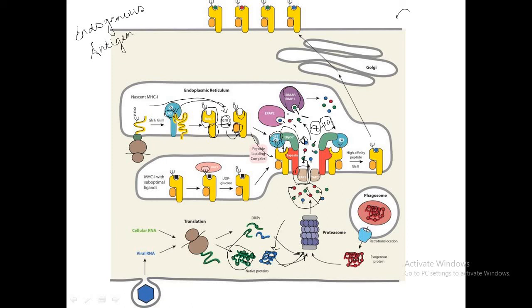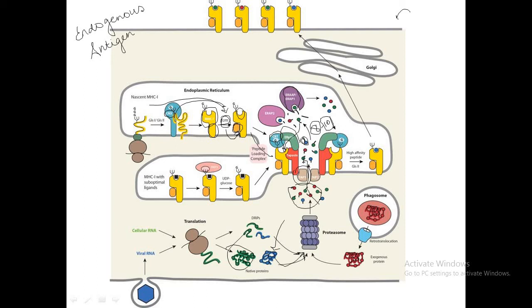When this MHC1 molecule interacts with this protein loading complex that comprises TAP1, tapasin and ERP57, it undergoes a conformational change, and that conformational change makes it more stable and attains a configuration that has a higher affinity to bind this processed polypeptide.